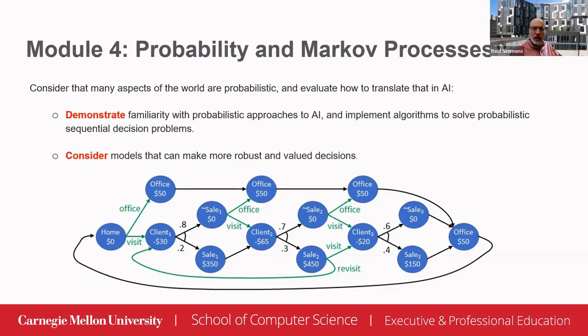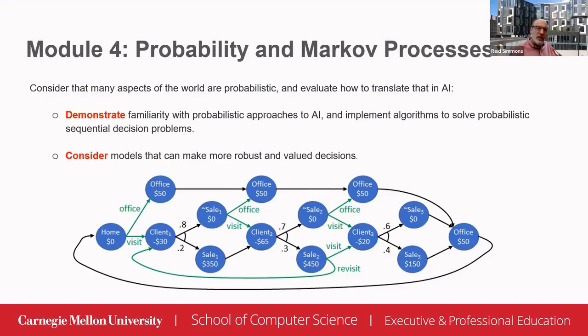Maybe you decide the weather forecast is so bad that you're just not even going to try to have it outdoors. All these things come into play when you think about what might happen in the future, where the future is fairly uncertain. And this is the realm of probability.